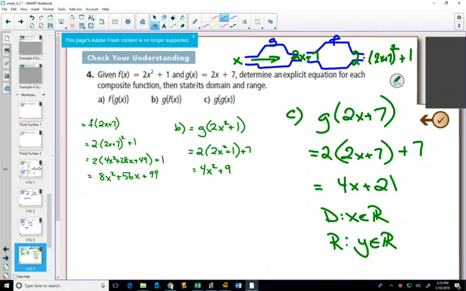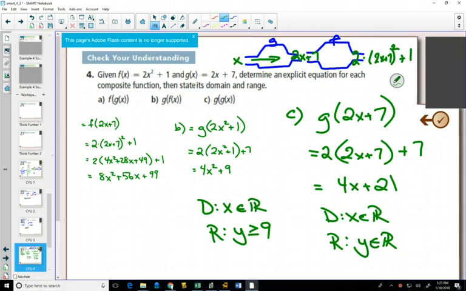Of the ones that are left, which is the easiest one for domain and range? The second one. Why the second one? Domain of a parabola is everything. Okay, but that's true for part A as well. What is the range of this one? Y is greater than or equal to 9.